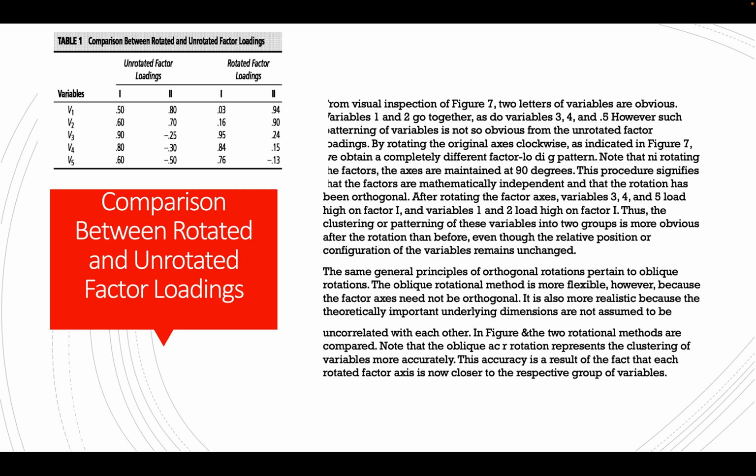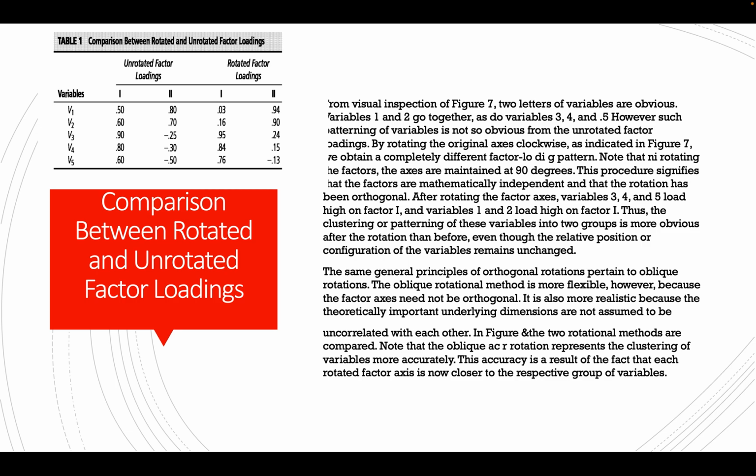The oblique rotation method is more flexible because the factor axes need not be orthogonal. It is also more realistic because theoretically important underlying dimensions are not assumed to be uncorrelated with each other.